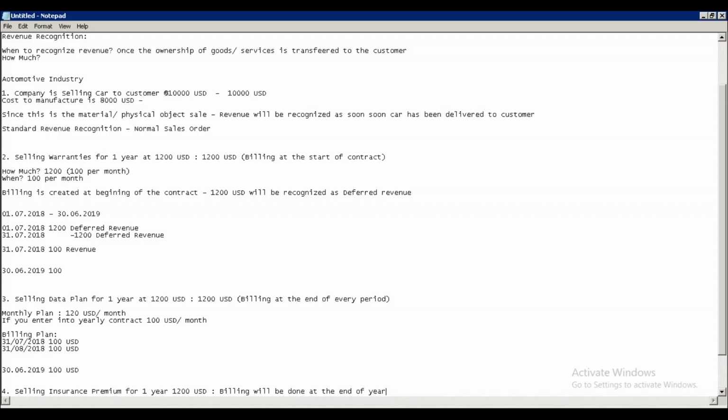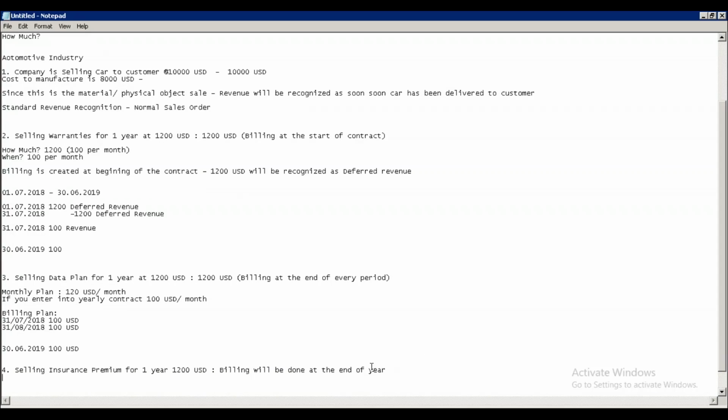Okay, let's take this example. Let's say you are entering into an insurance or maybe a data plan where they first ask you for a deposit of 1200 USD. But this 1200 USD is not what they are going to bill.